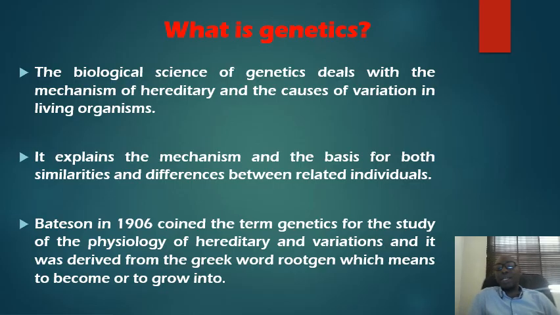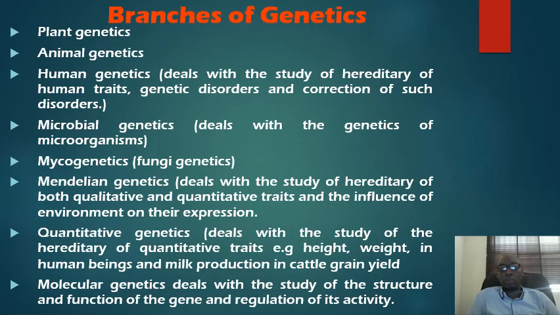As far back as 1906, Bateson coined the name genetics for the study of the physiology of heredity and variation. It was derived from the Greek word "genno," which means to become or to grow into. There are different branches of genetics. These include plant genetics, which covers the area of Gregor Mendel, genetics of plants, passing of traits from one generation to the other, animal genetics.